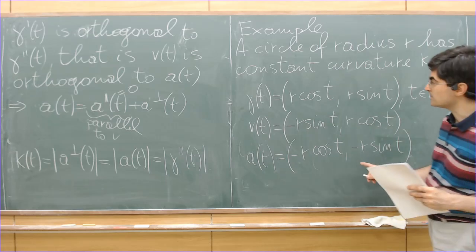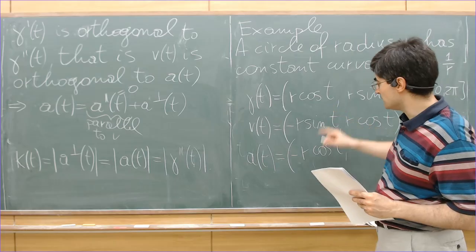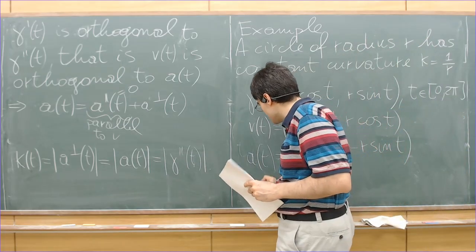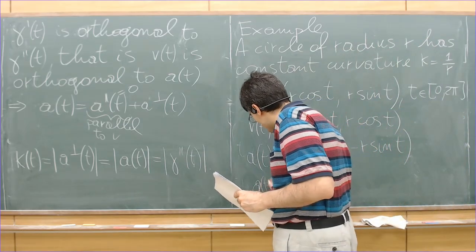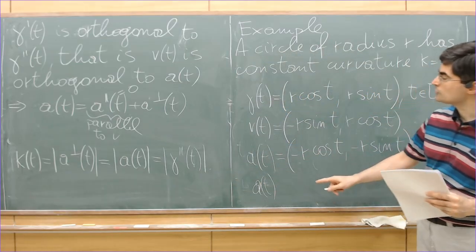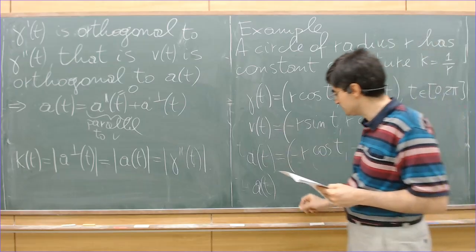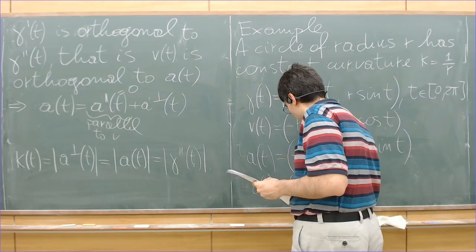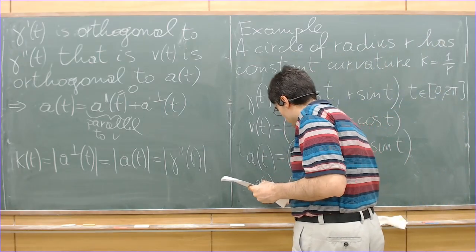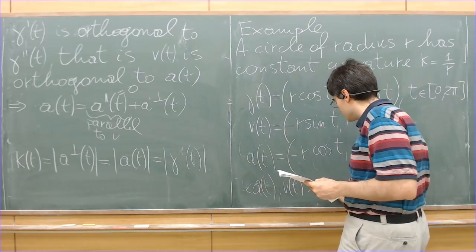Observe that the vector a of t is orthogonal to the vector v of t, because the inner product of these two vectors is 0.